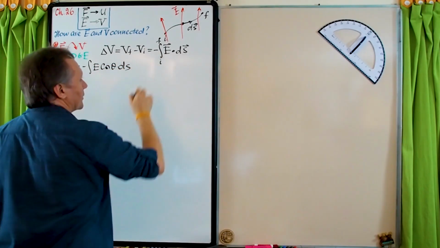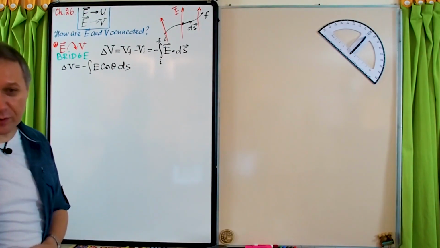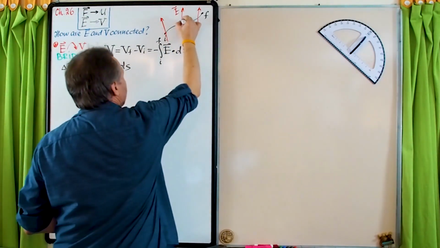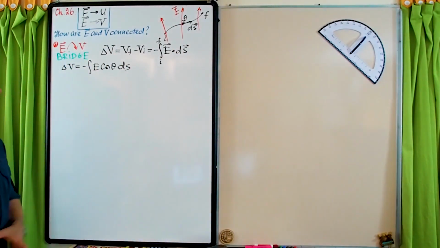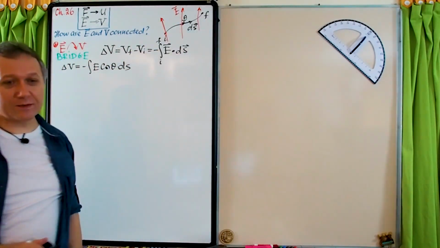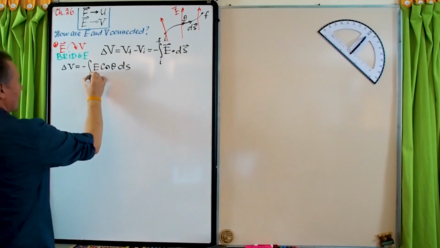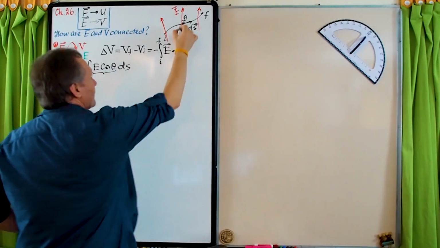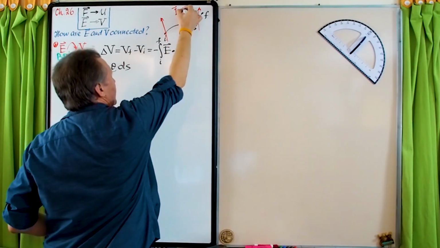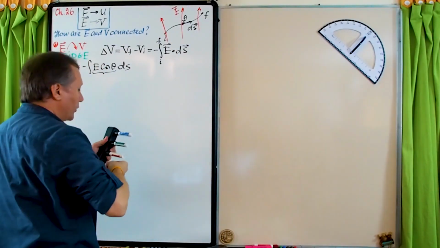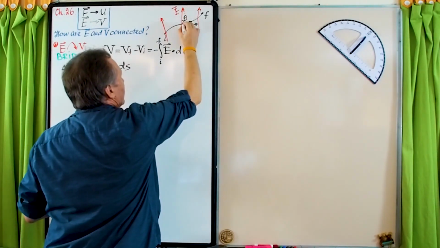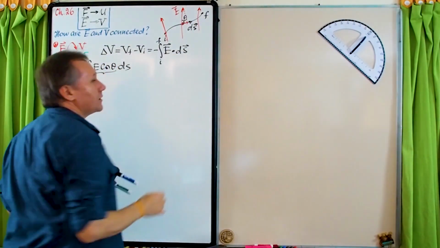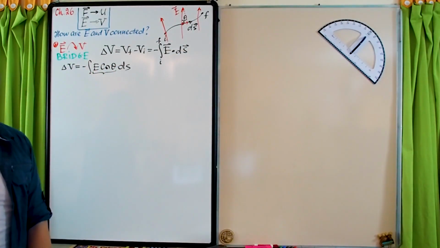I just wrote the dot product explicitly through the cosine function. Of course, that is theta between ds and the electric field, right? And what is this E cosine theta? If you take E and multiply by cosine theta, you will just get a component of this electric field. Let me project it. It's a component of the electric field along the direction of motion.